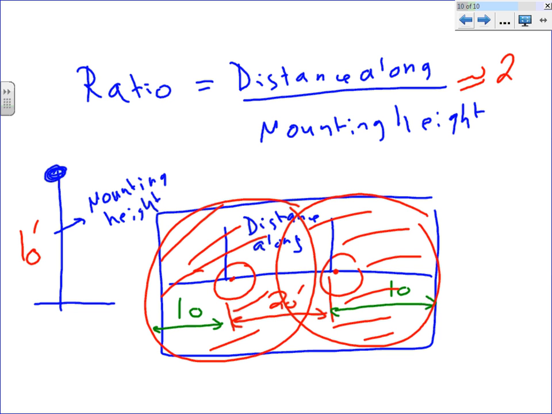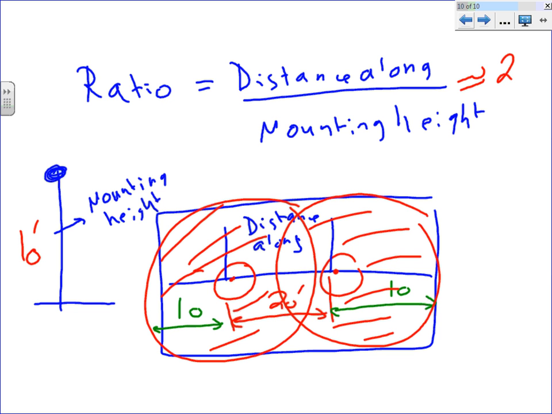So you go from the edge of the parking area 10, if the mounting height is 10, and you put 20. That's a rule of thumb. It could go more, it could go less, and it depends upon the fixture, the aiming and a whole lot of other issues. But that's a good rule of thumb.